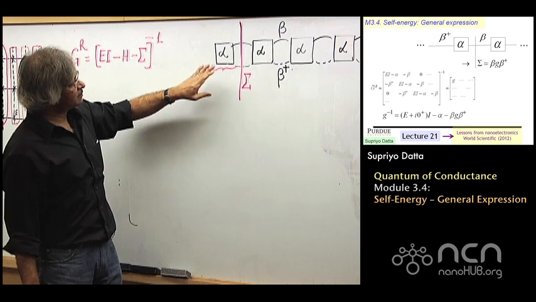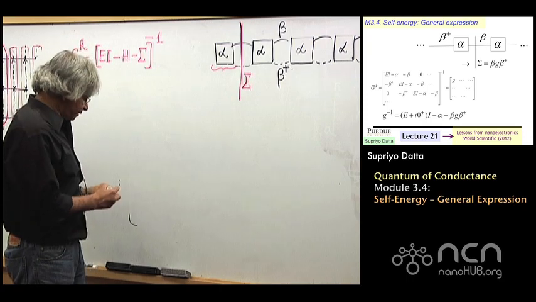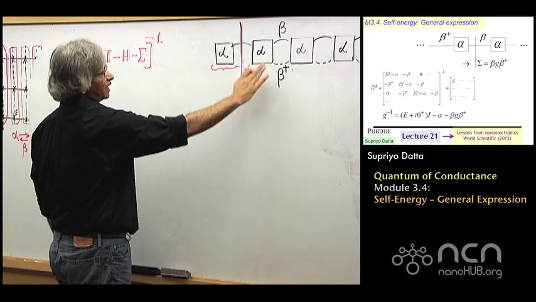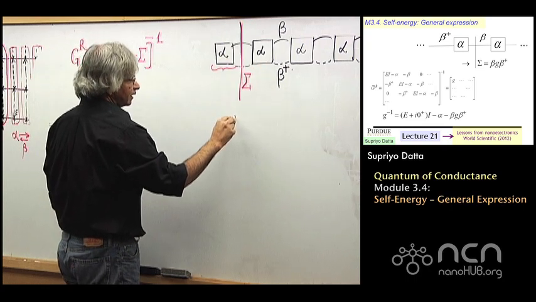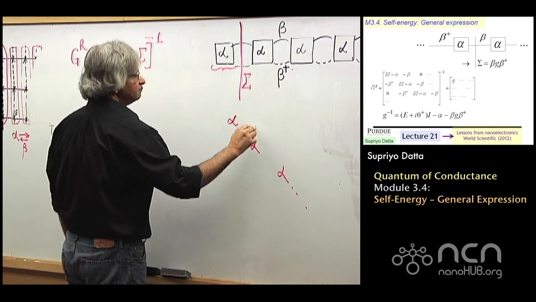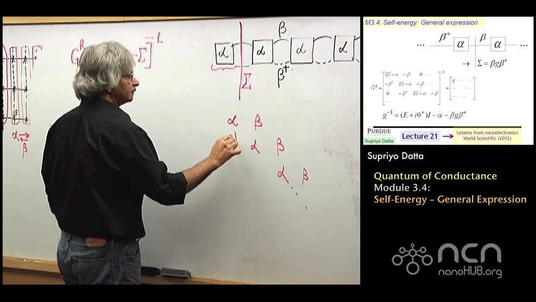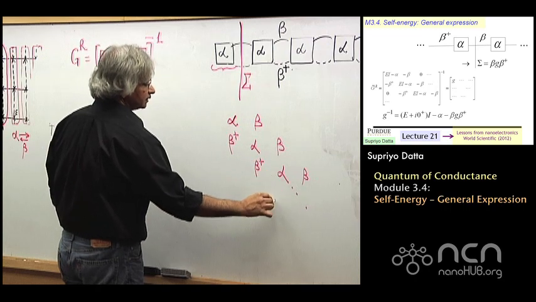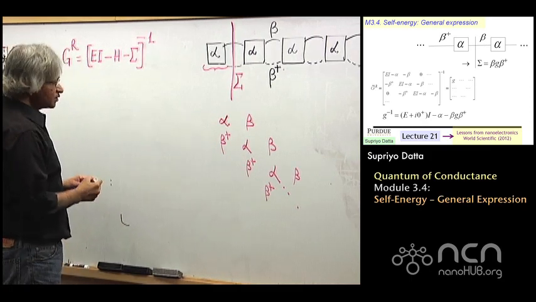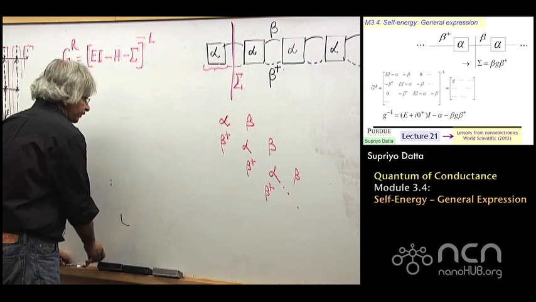Supposing someone doesn't use sigmas, but works with the full thing. Then his matrix would look something like this. His H would look like alpha, alpha, alpha down the diagonal, beta, beta on the upper diagonal, and beta dagger, beta dagger, beta dagger on the lower diagonal. That's what his H would look like. Which means for him, EI minus H would look something like this.